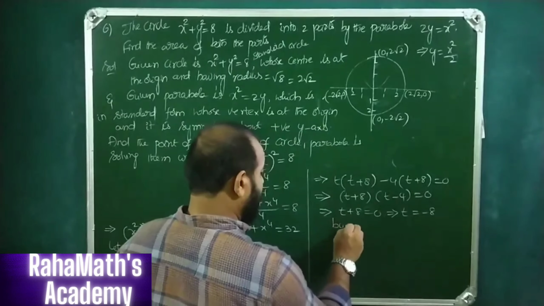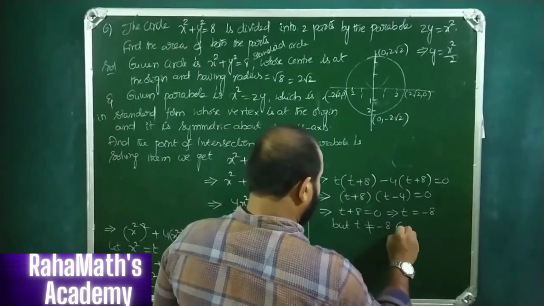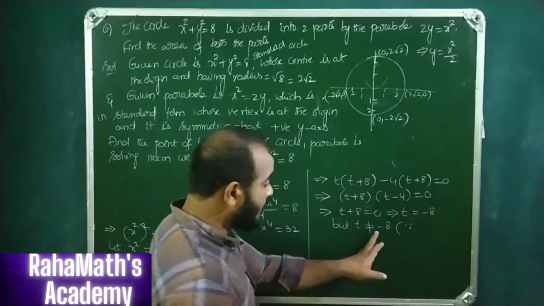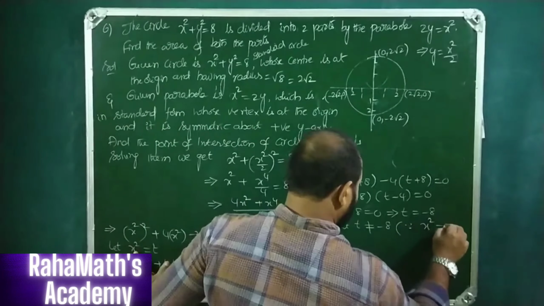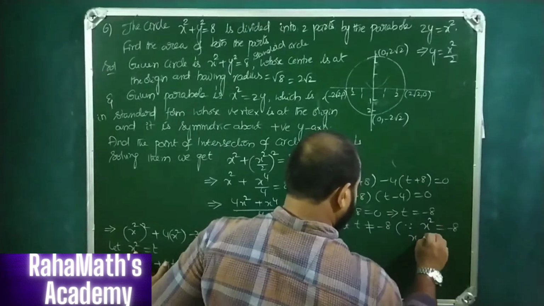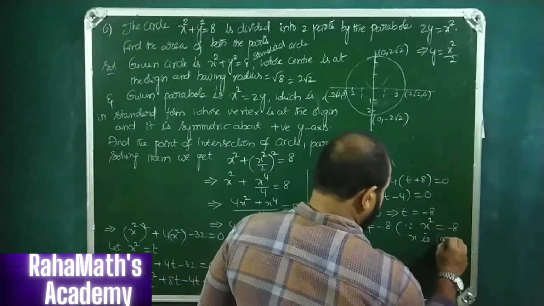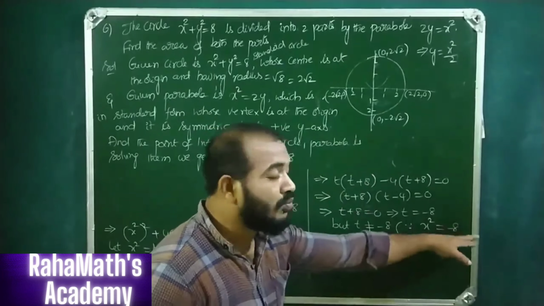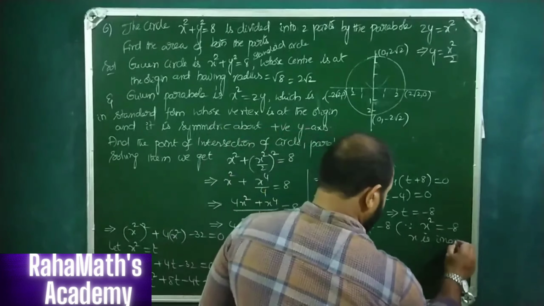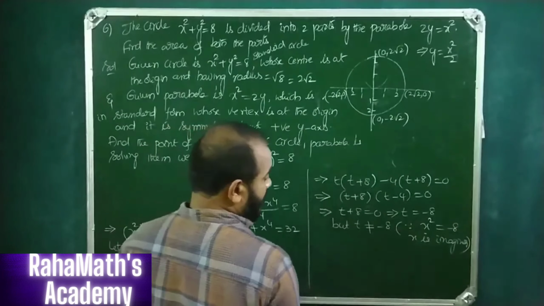But t is not equal to minus 8, since t value is x square. X square equals minus 8, so x equals root minus 8, which is imaginary. So this is not going to be the one.